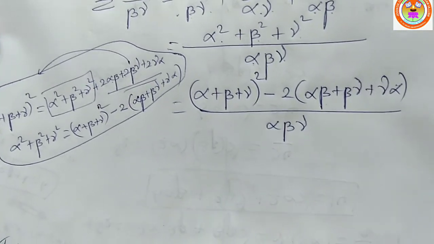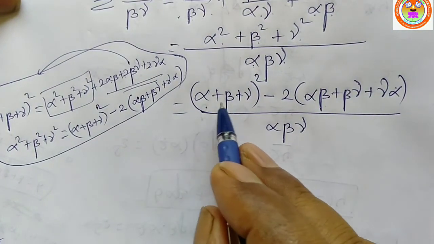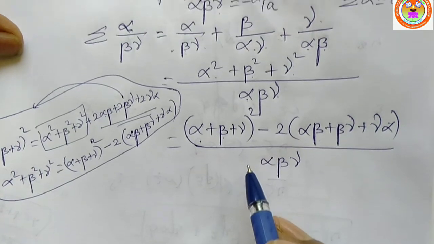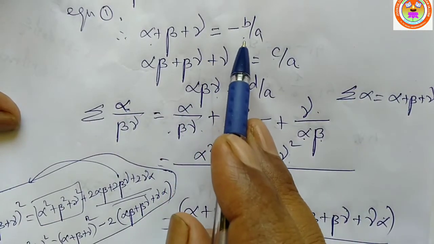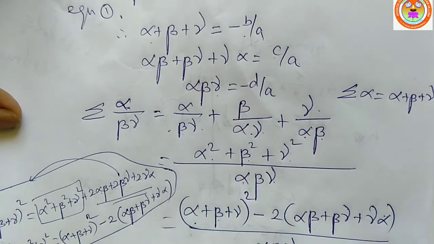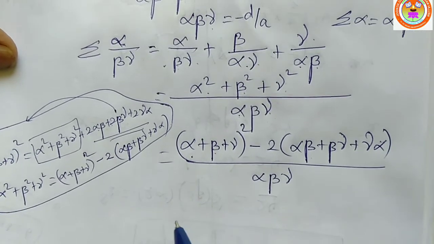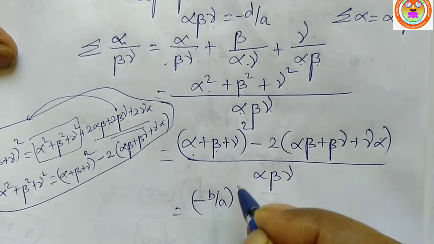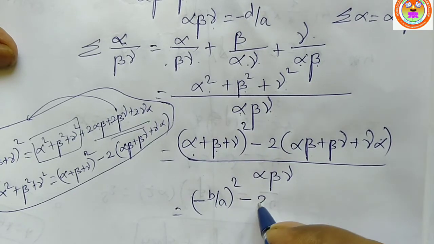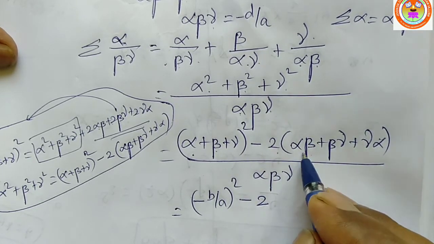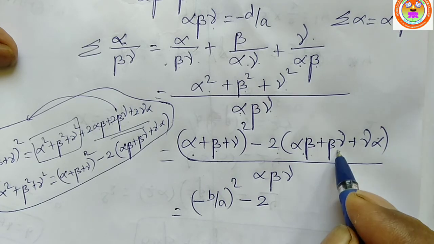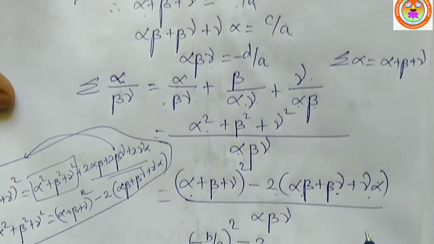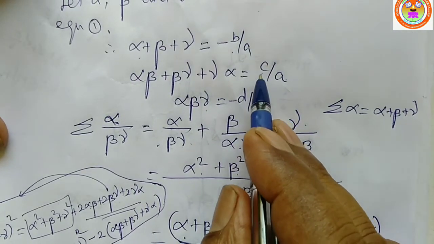Okay. Now apply the value of alpha plus beta plus gamma. What is alpha plus beta plus gamma? That is minus b by a. So minus b by a the whole square, then minus 2 into alpha beta plus beta gamma plus gamma alpha. The value of this expression is c by a.